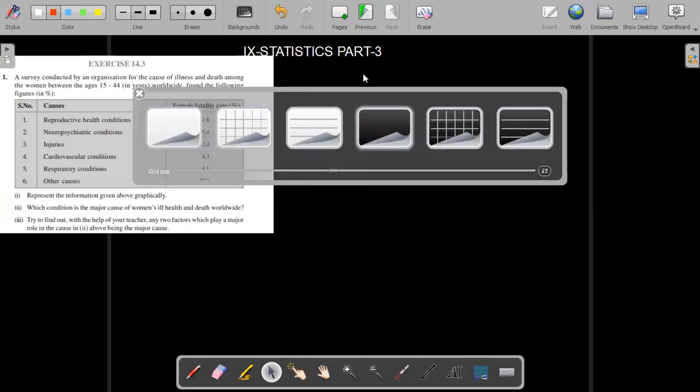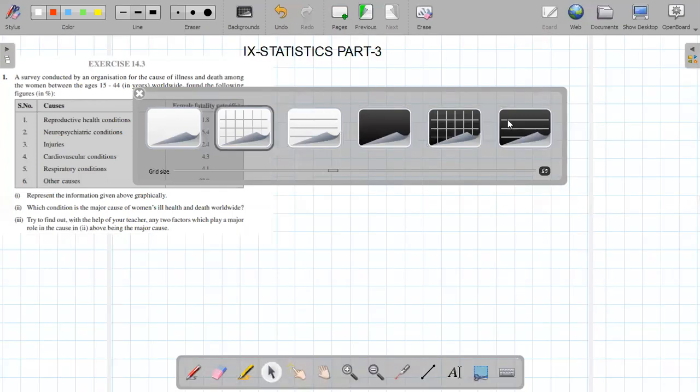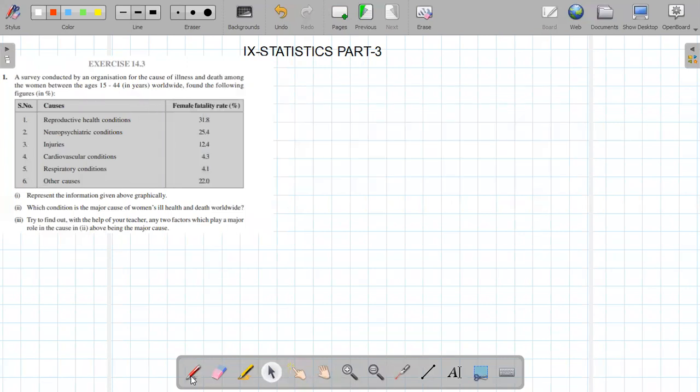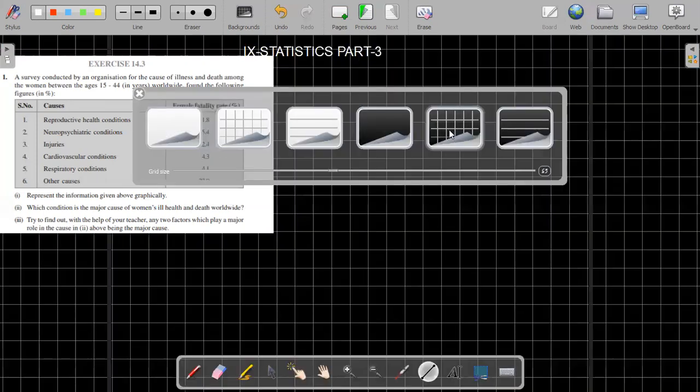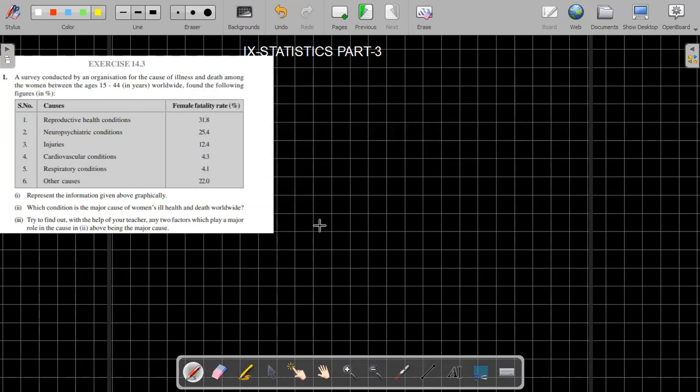So we need to draw the graph. So x-axis, y-axis. We have to take x-axis and y-axis, and then we have to choose the width.